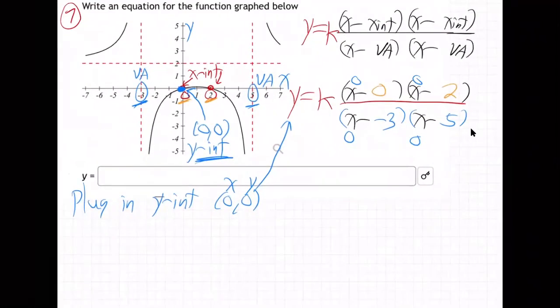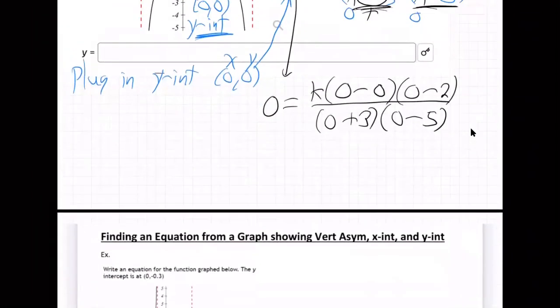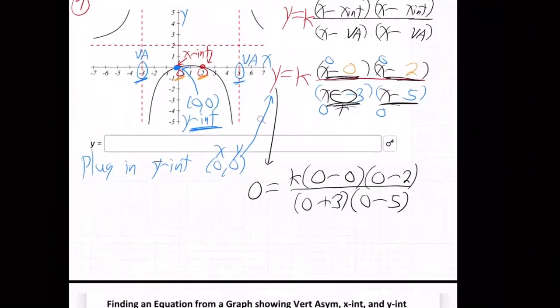It becomes 0 equals k times 0 minus 0 over 0 minus 2, all over 0 minus a minus, and a minus there is plus 3, and 0 minus 5. See what I did there? We can solve this for k.